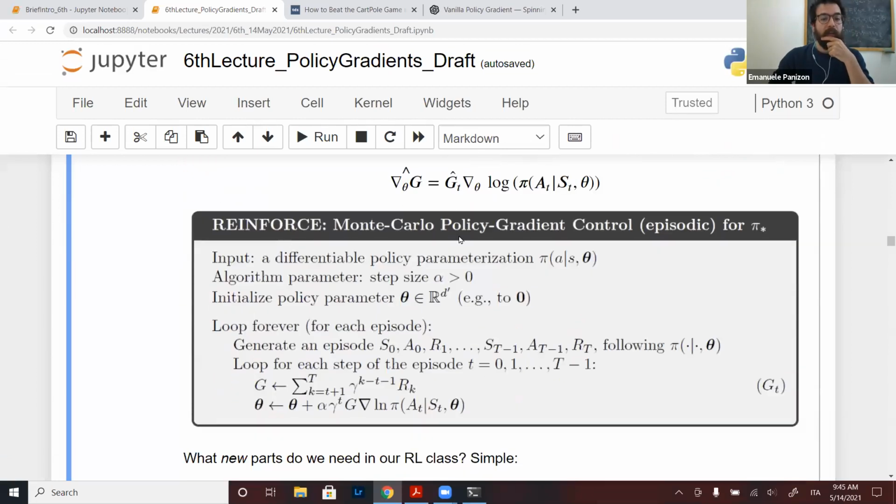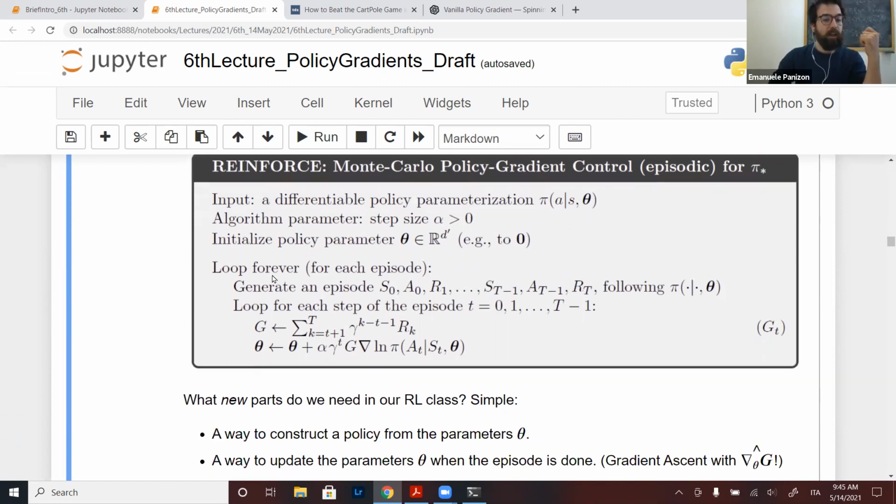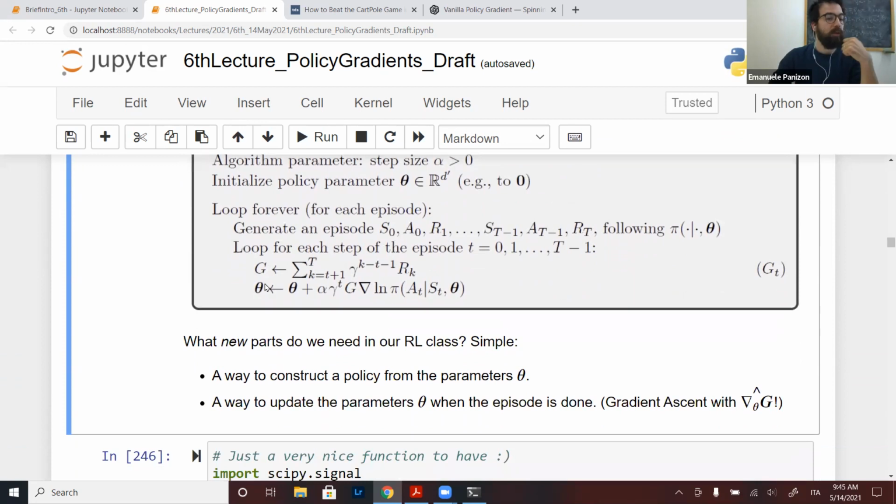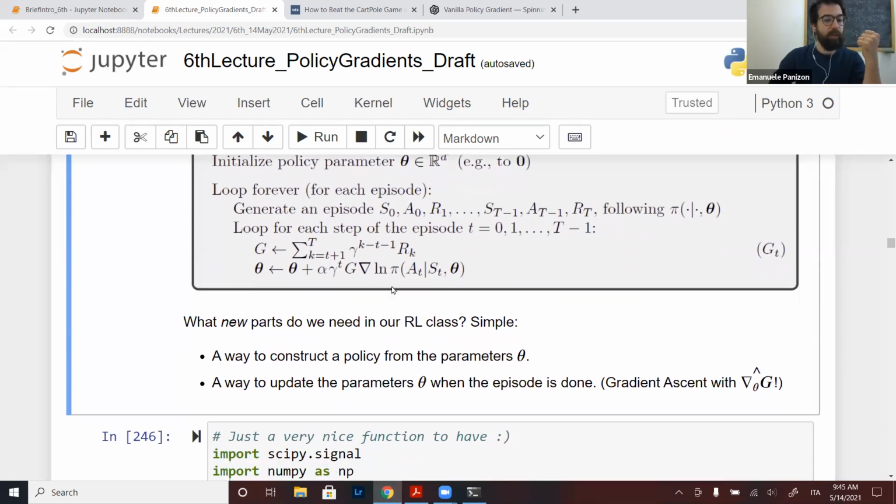So the pseudocode is, as always, we have a new differential policy parameterization. So we are creating this softmax. So we are storing these parameters theta, which will give us the softmax. And then we are doing episodes. We are collecting trajectories. And at the end of the episode, we are calculating the returns, and we are doing the update following the rule given by the policy gradient.